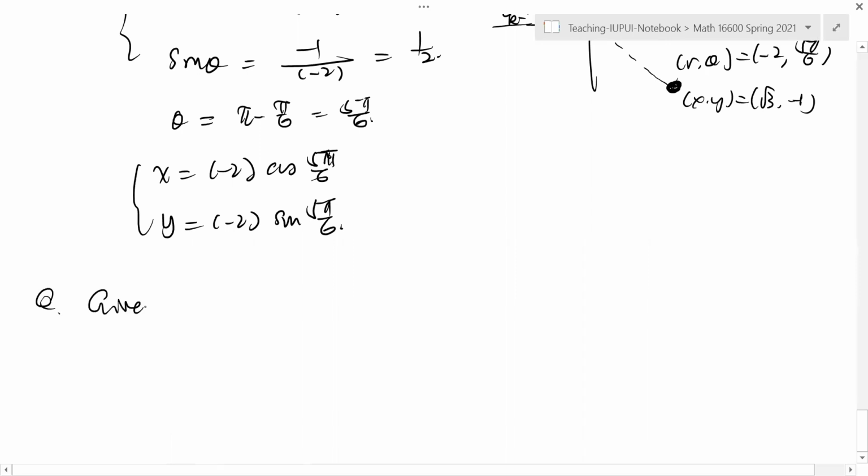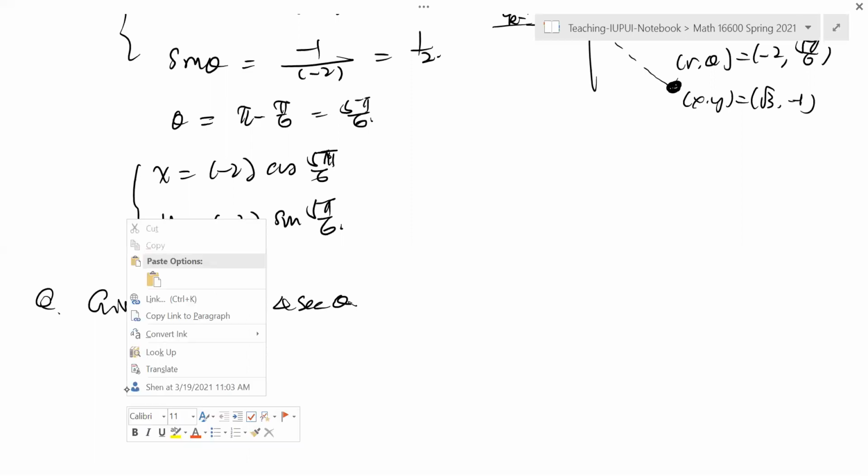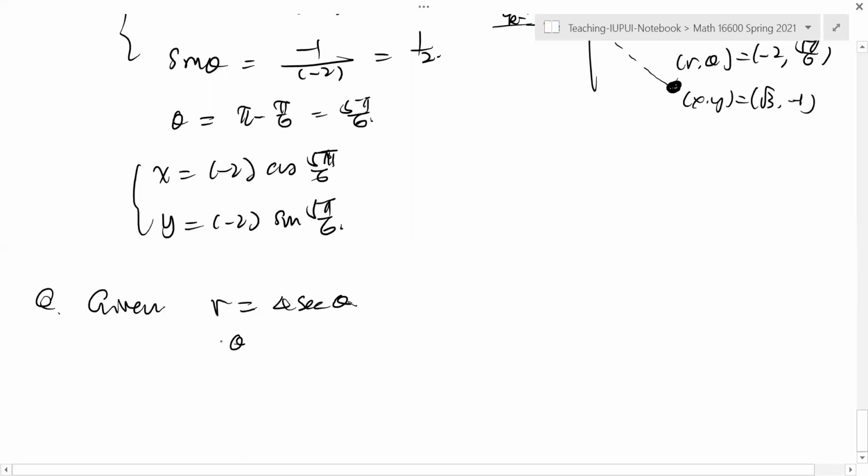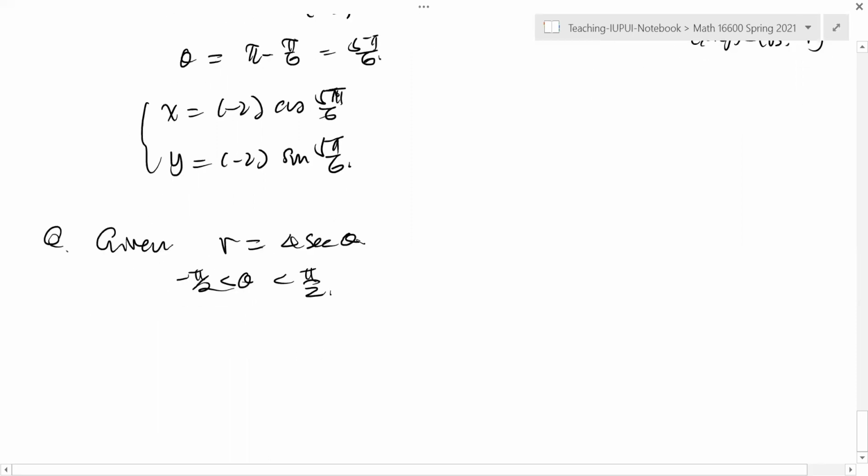So given r equals 4 secant theta, with theta between negative pi over 2 and positive pi over 2, let's understand the curve it describes.